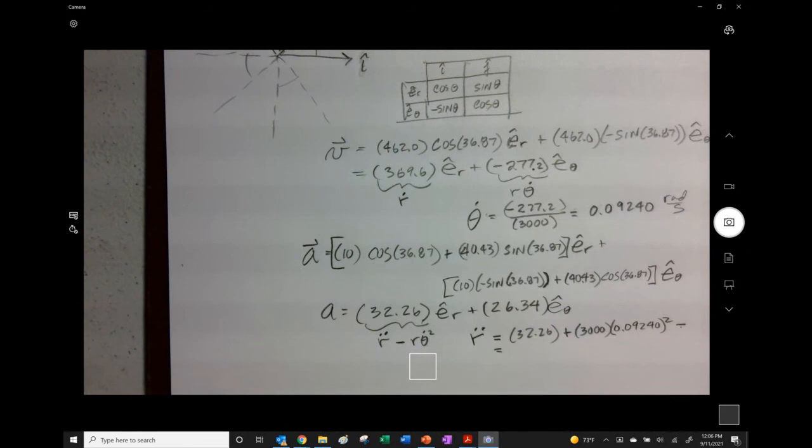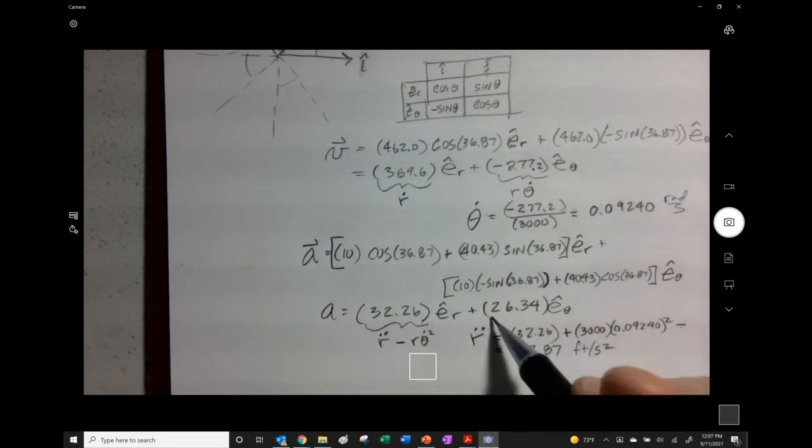So 0.0924 squared times 3,000, and we're going to add 32.26 to it, and I should get 57.87, and these should be feet per second squared.